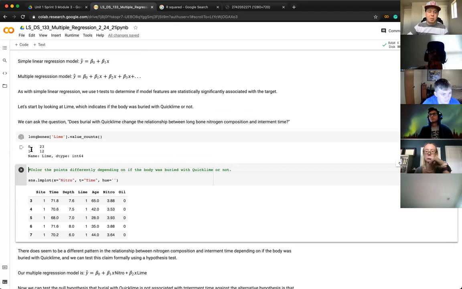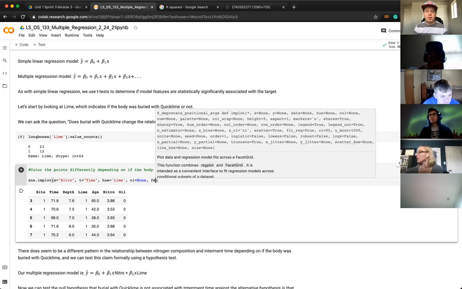This is what we call a binary variable, a dummy variable, also an indicator variable. It just indicates was quicklime used or not in the burial, right? Maybe this has some meaning beyond the nitrogen content that could tell us about interment time. So we're going to color our data points based on whether or not they have lime in them.